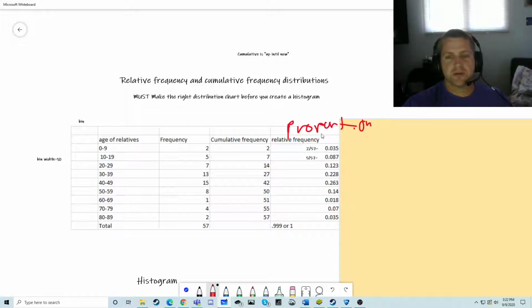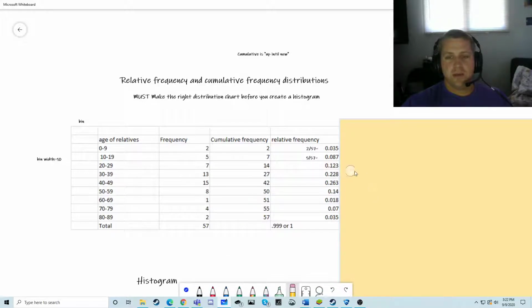So that's just proportion times 100 is percent. 0.035 is really 3.5%. 0.123, that's 12.3%. Just move that decimal place over twice. So I'll give you a half second to think on that, and then delete it. So this is all the percent of the category.